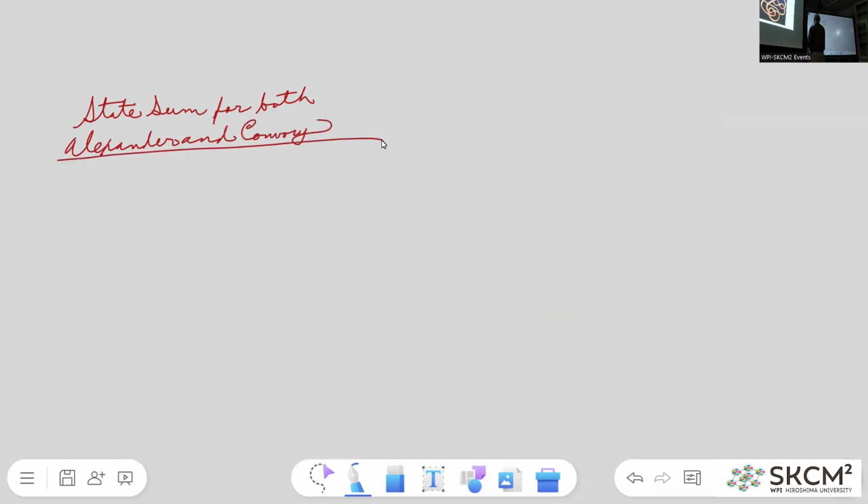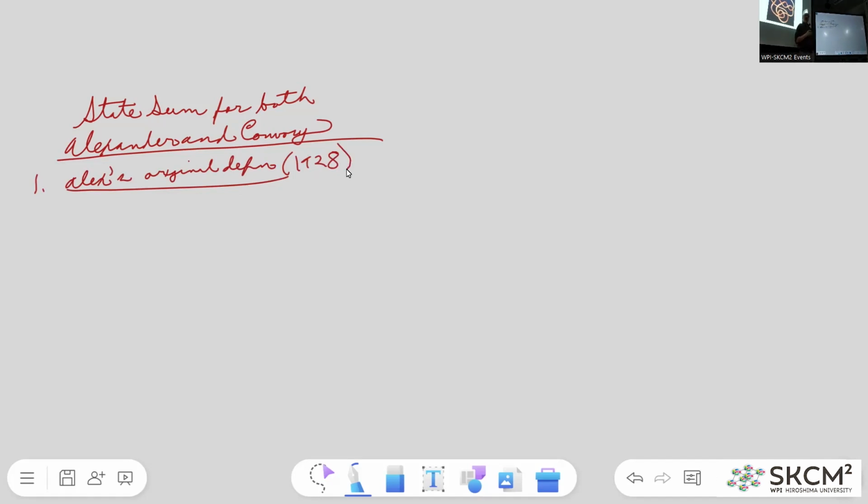And this goes back to Alexander's original definition. This is very interesting. You could have some fun looking at this paper from 1928 by Alexander in Transactions.